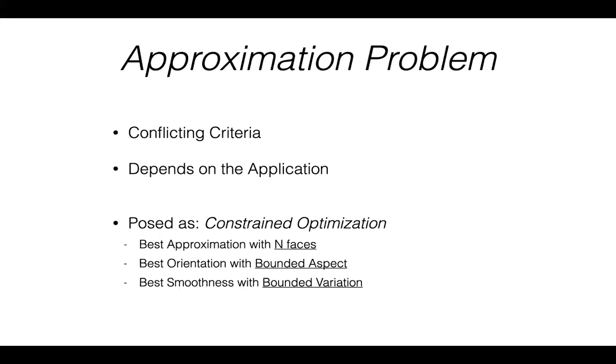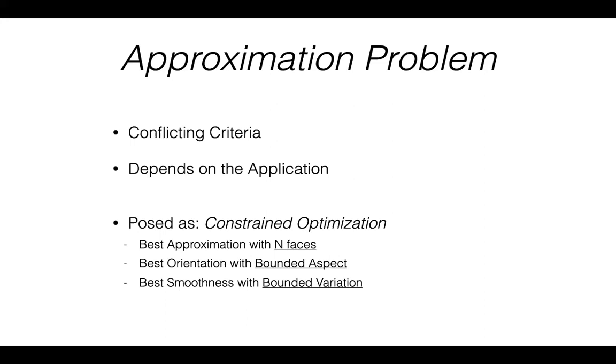For instance, I would like to get the best mesh that approximates in terms of geometry, but with a certain number of faces, not more than that, or get the best orientation of features with bounded aspects, or the best smoothness with bounded variation. And this depends: if you are going to use a finite element simulation, it's very important to have bounded aspects. And so we have to consider this.